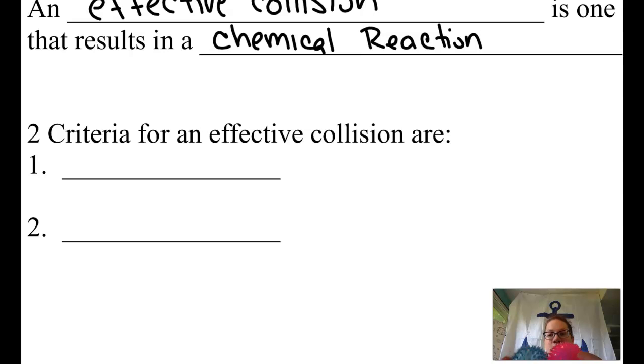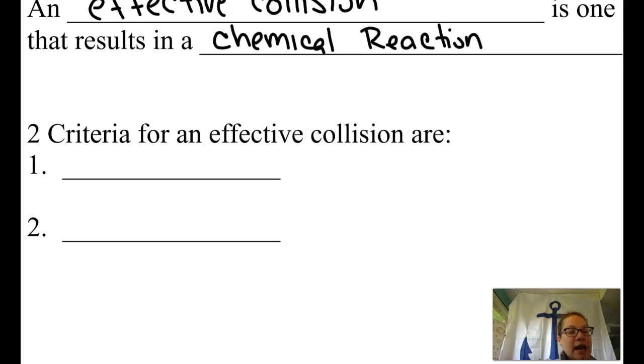But this model, the way that it works is if there's a chemical reaction, you can see that they light up. And they even squeak a little bit. So, what needs to be true in order for the particles to hit so that the chemical reaction occurs?